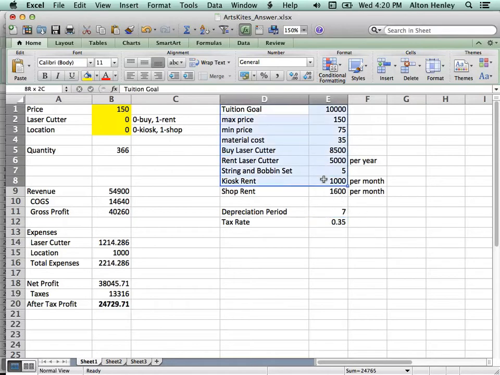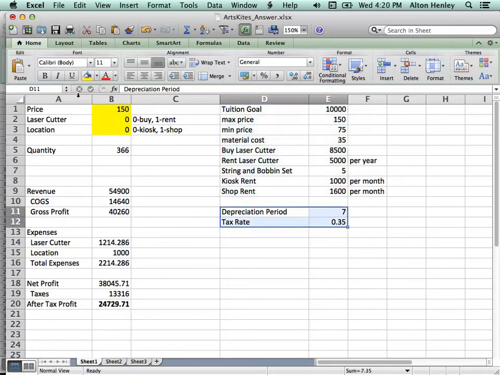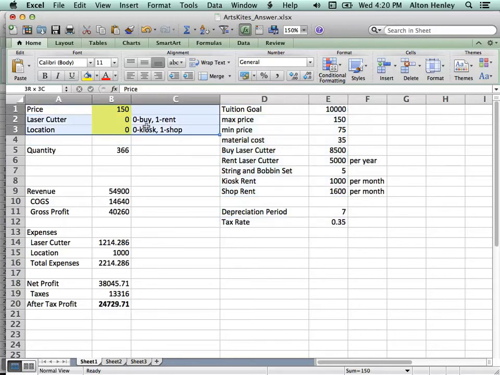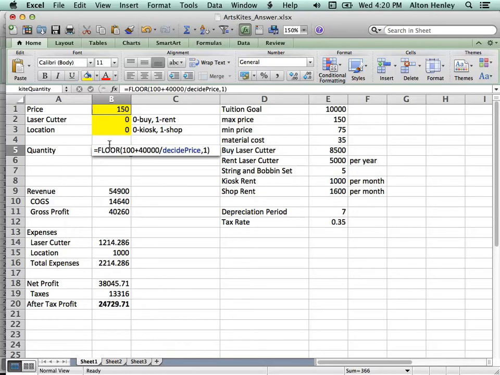So after my facts and my assumptions, I also have my decisions. In the Arts Kites case, there were 3 decisions. He had a price that he needed to set, he needed to decide whether to buy or to rent the laser cutter, and he needed to decide whether to use the kiosk or the shop as his location. And then based on these decisions, these decisions help drive things like the price.